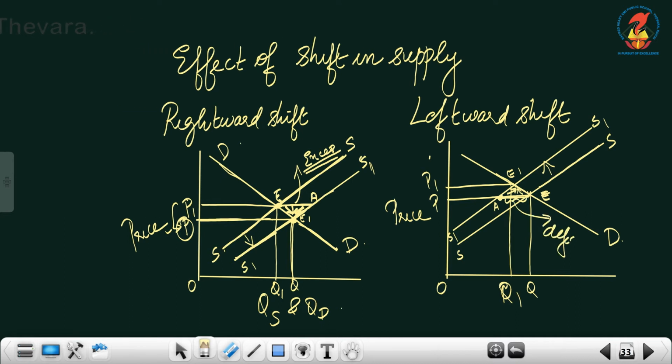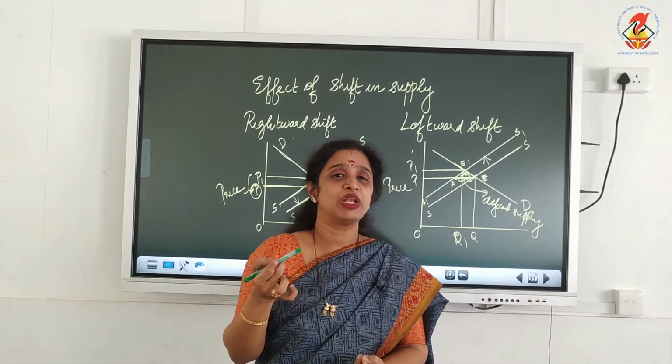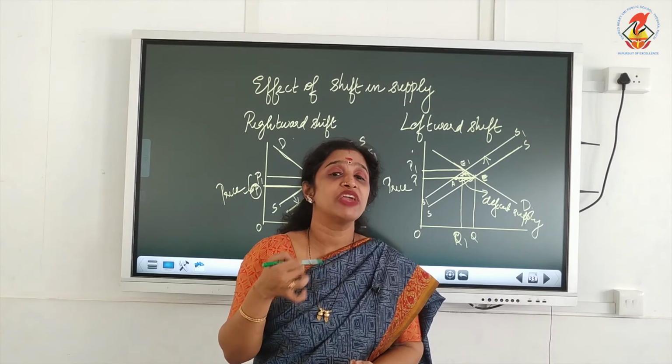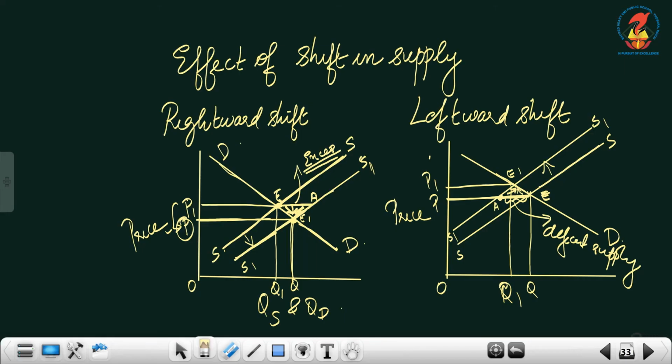Deficient supply means what? Excess demand, isn't it? The producers will be ready to supply more only if the price increases. Therefore, this is the equilibrium price, right? So we have to set a price above this P, somewhere over here, isn't it?